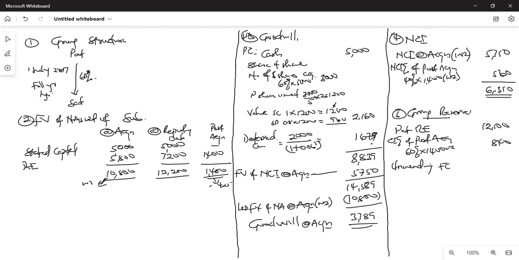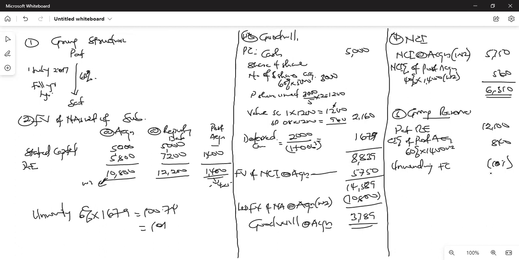We calculated the unwinding by applying our 6% on 1,679. So what did we get? 100.74. And we rounded it to 101. So you check your format. This one is a deduction you need to do.